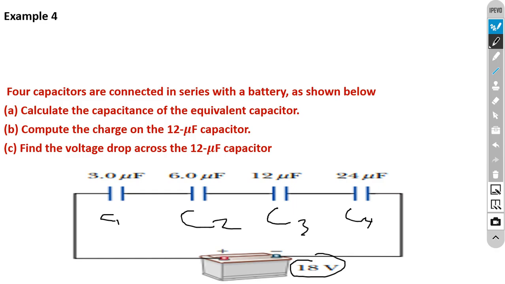So in this case, we just pick the expression for equivalent capacitors and then you go ahead and compute that. I believe you should know what to do. Then B here says compute the charge on the 12 microfarad capacitor, and C says find the voltage drop. Let's go ahead.